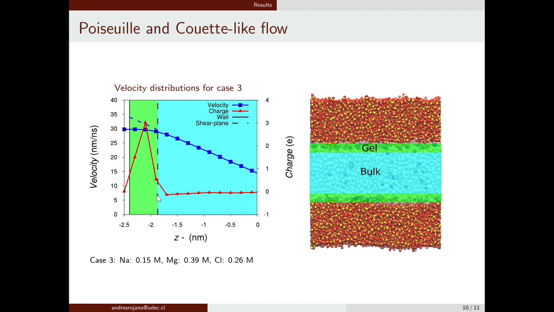It's right to say that the location of this shear plane was in good agreement between the Poiseuille and the Couette-like flow simulations for all cases. Also, this shear plane location does not determine where the solution starts its translational movement, but rather where the velocity gradient drastically changes.